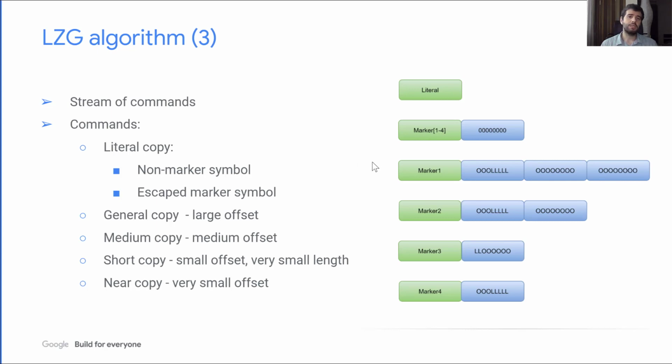These commands are used to copy to the output file a specific number of bytes from a particular offset in the same output file. The commands differ in the size of the copied blocks, offset, and length.